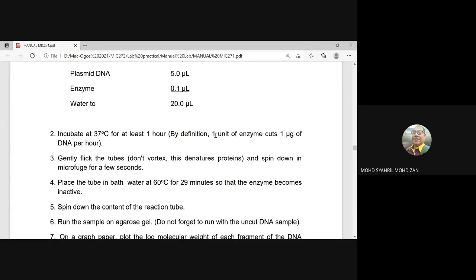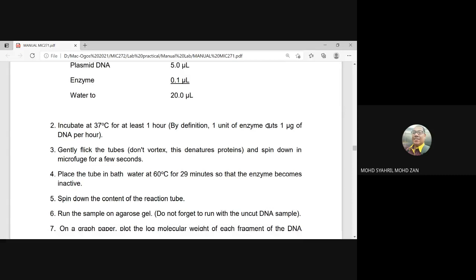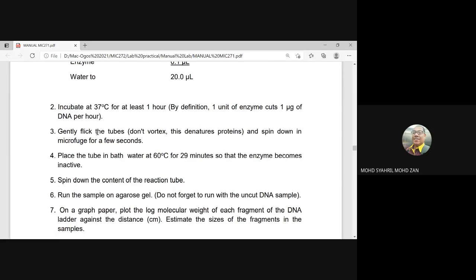So we assume 1 unit of enzyme cuts 1 microgram of DNA, that is the plasmid DNA we put in. You have to gently flick the tubes. Do not vortex, as this will denature proteins.